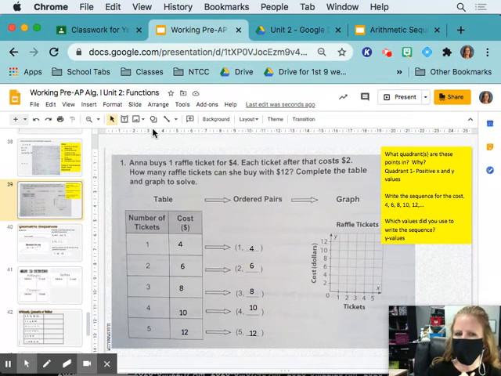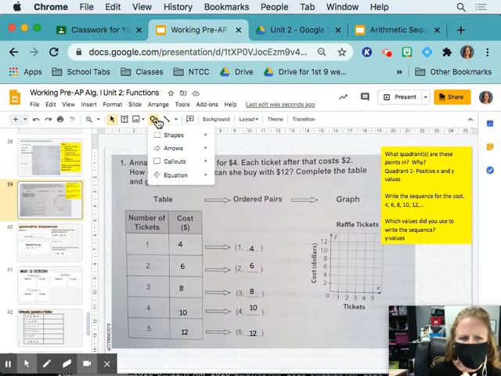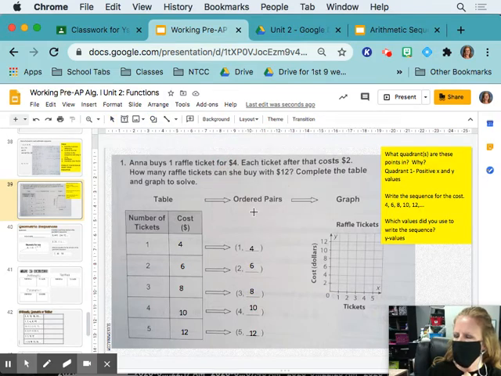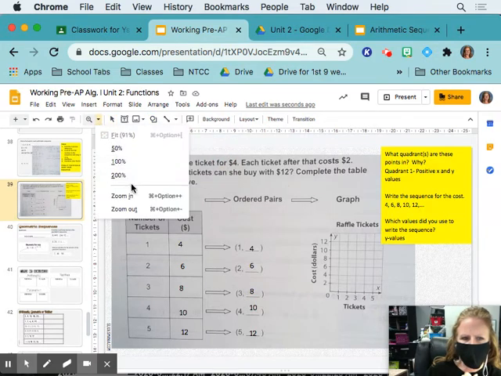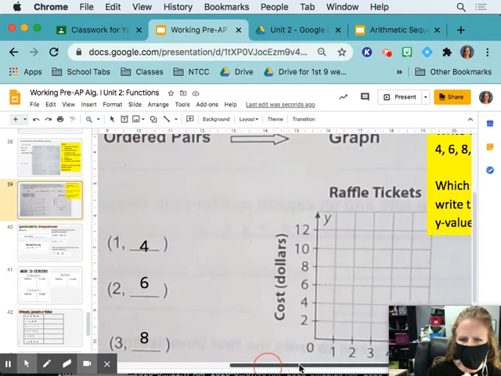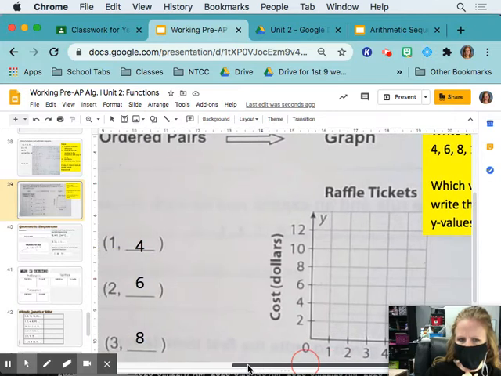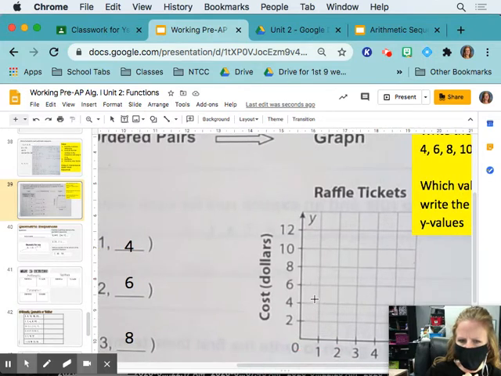Now we're going to graph it. So we need some points. Let's see how I could get a point. I think I'm just going to have to do a circle. Grab a circle. And I probably need to zoom in quite a bit so I can look at it better. So 1 is with 4. So 1, 4.